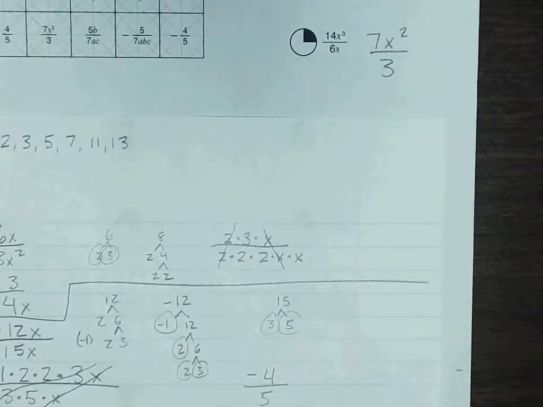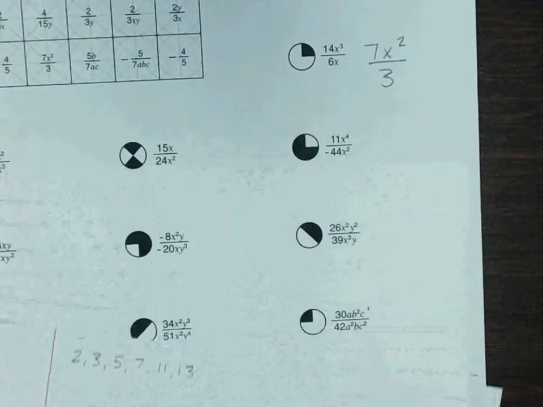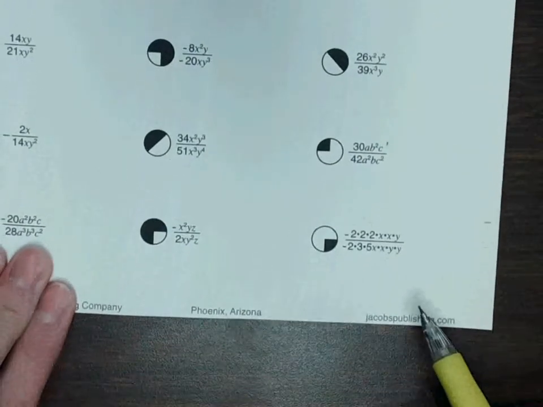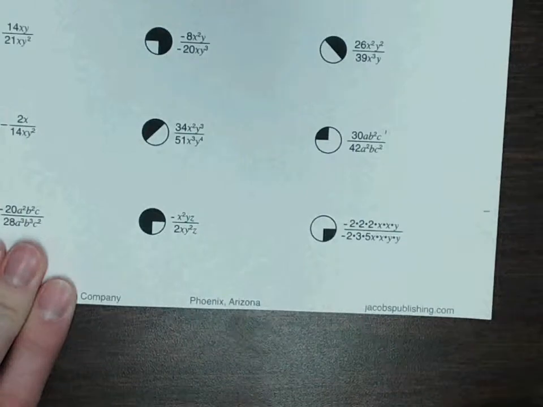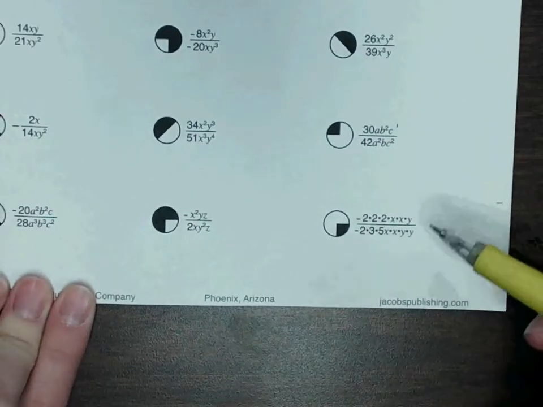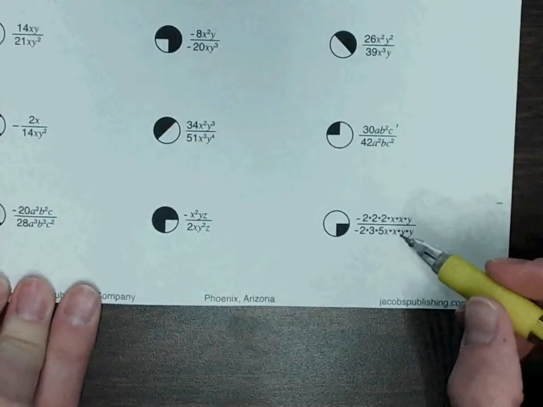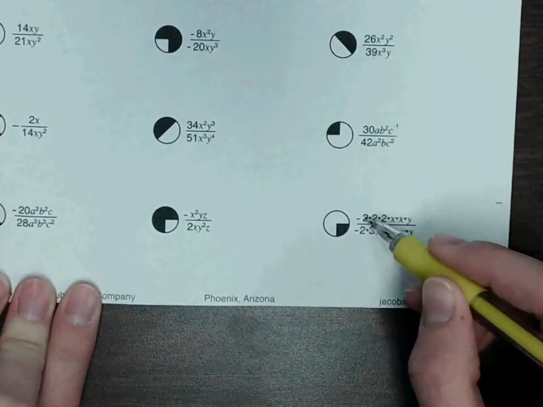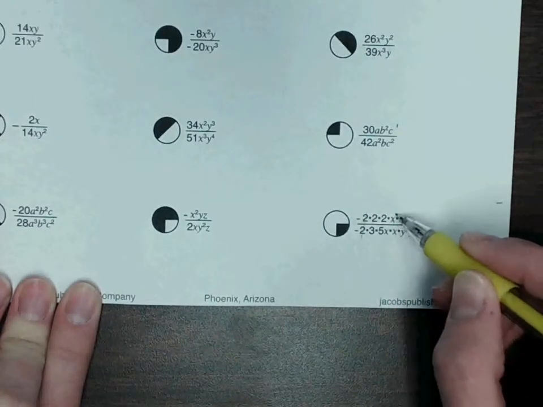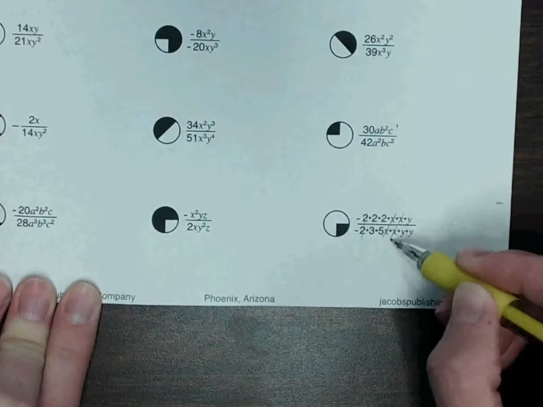So you're doing just the same thing on each of these other problems. You're going to be factoring them out, like this one that's already done for you here. And then you're going to be crossing things out that have one on the top and one on the bottom. So down here I could see I'm going to mark out the negative 2 and negative 2, an x and an x, another x and an x, and a y.